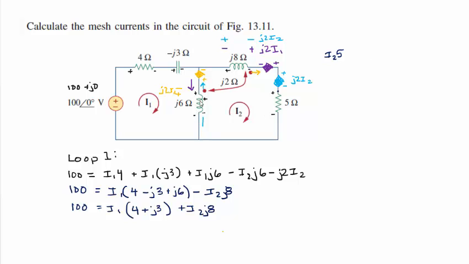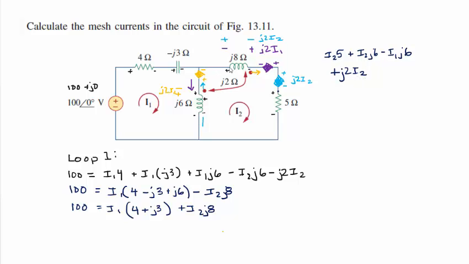Now to this next component, which is plus I2 J6 minus I1 J6. Now I have this little induced voltage right here, which is a plus, by the polarity markings, plus J2 I2.